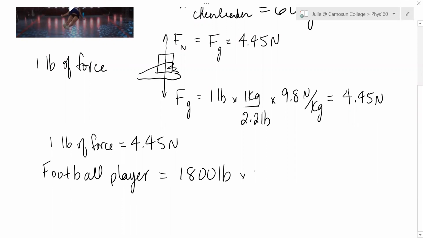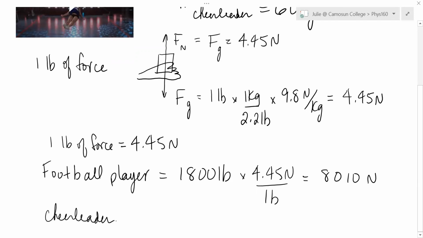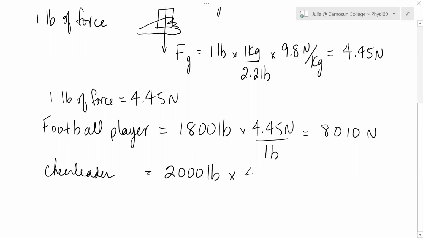I'm going to convert that at 4.45 newtons per pound of force to get a force on the football player of 8,010 newtons. And the cheerleader, by falling that distance onto her back, feels a force of 2,000 pounds, and we convert that and we get 8,900 newtons. Okay, so those are the values of the forces I'm going to use. So this is F.